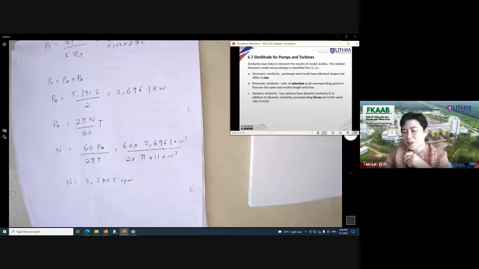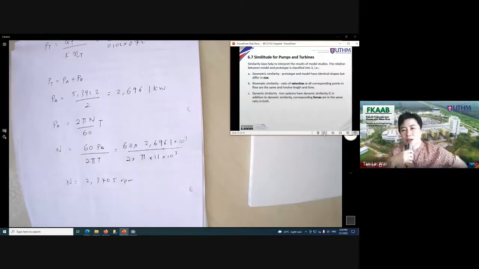Okay, the next topic that we are going to look at. Not final, I think there is another topic. This is 6.8, the second last topic that we are going to look at, which is similitude for pump and turbine. I think you have already learned about similarity analysis in your fluid mechanics, where you have done similarity for geometric, kinematic, and dynamic.